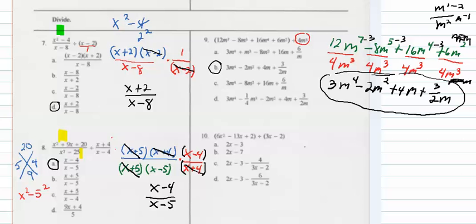Okay, now this is a long division problem because I have a trinomial. The trinomial divided by the binomial. So if you're just dividing by a monomial, you just draw the line. If you're doing a trinomial divided by a binomial, it's long division. So let's go ahead and set up our long division problem.